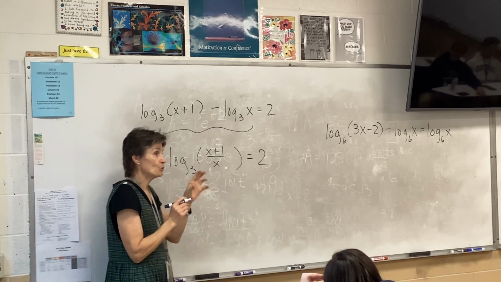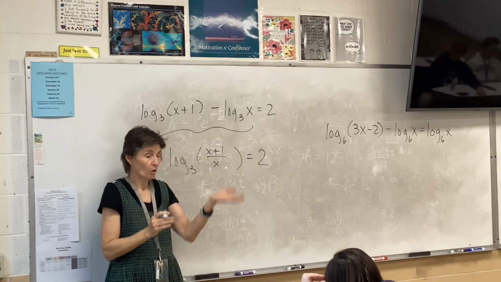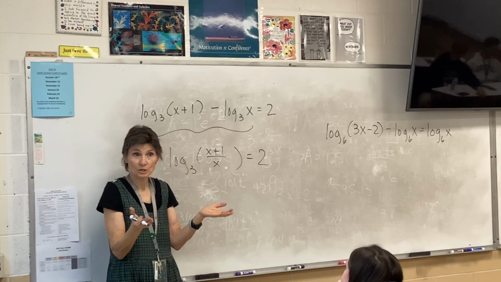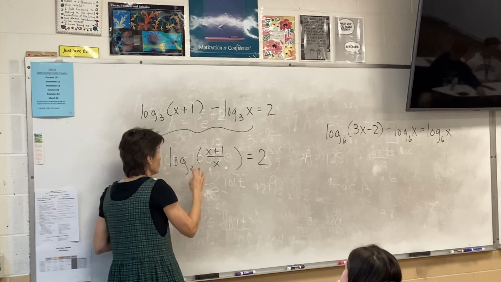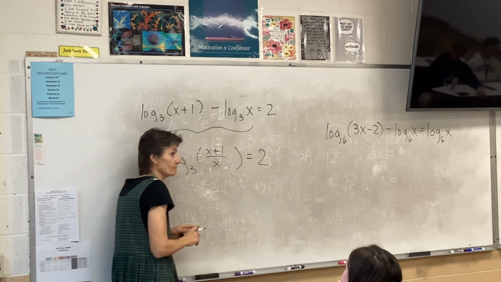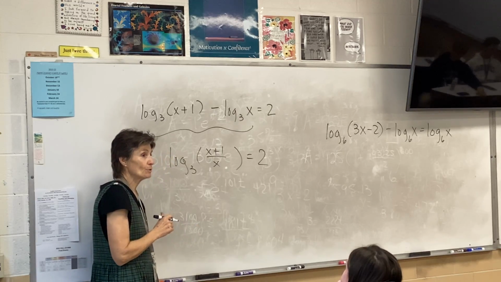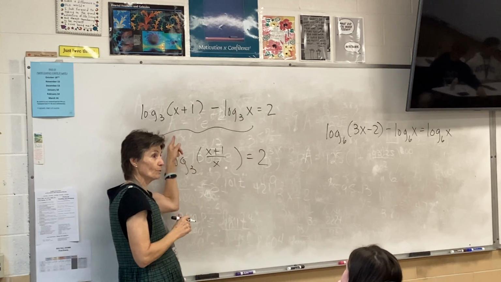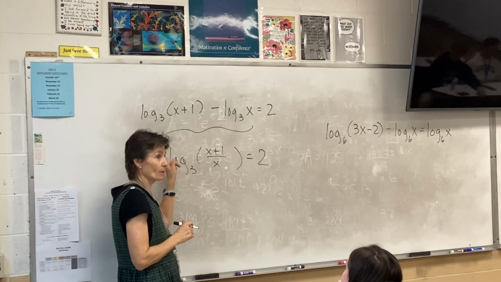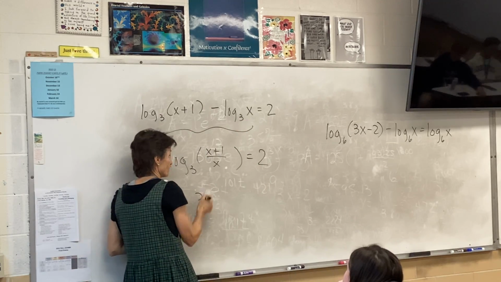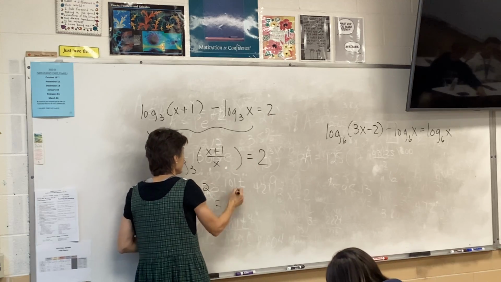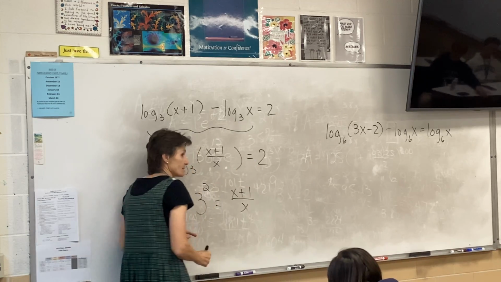Now, there are two scenarios: log equals log, in which case I'll drop the logs, or log equals number. What do I do when log equals a number? Loop-de-loop. So I start with my base, 2 to the second equals x plus 1 over x.